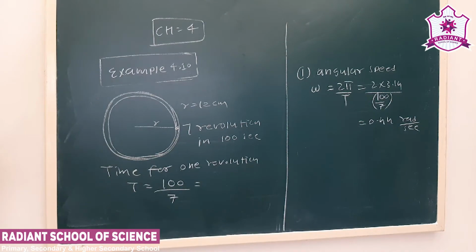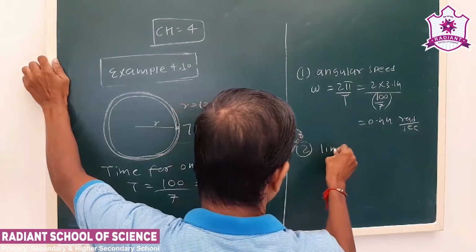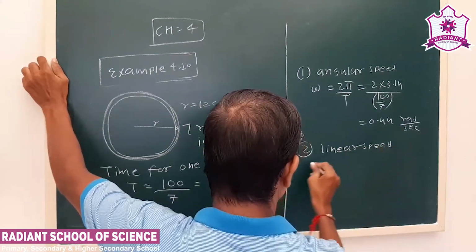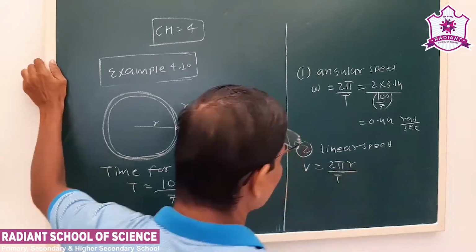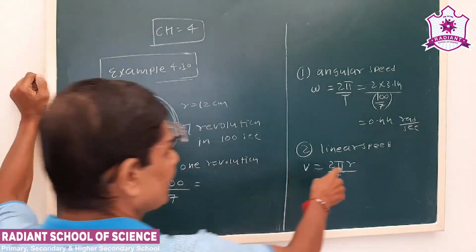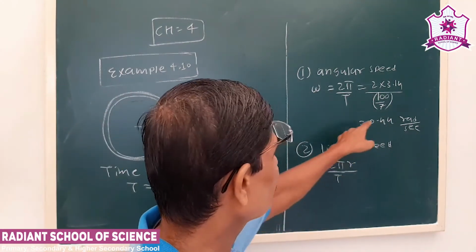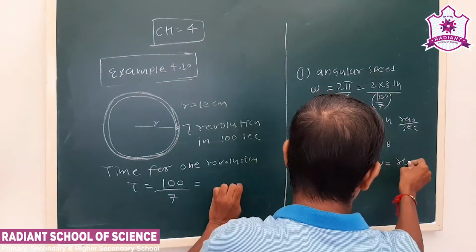Second, we have to find out the linear speed. Okay, see, linear speed v is equal to 2 pi r upon T. You can write r as the radius. Now see, 2 pi upon T, we have obtained omega also. You can use both formulas. v is equal to r omega.